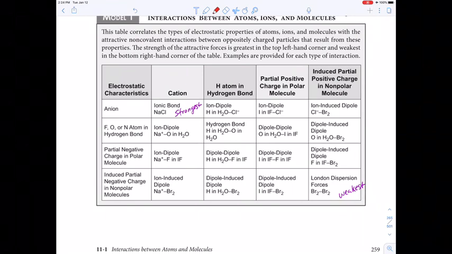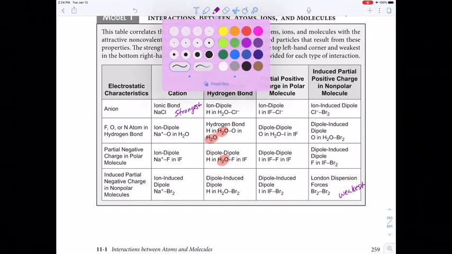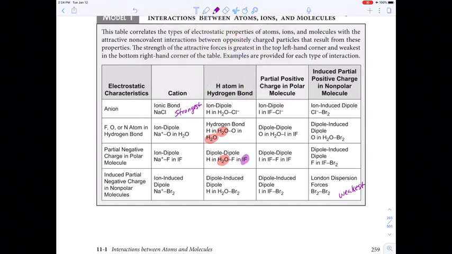So, for instance, I see hydrogen between H2O and H2O. Okay, so that would be in a pure substance. The one below it, we have the hydrogen in H2O and the fluoride in IF. That would be a mixture because it's not between two of the same thing.